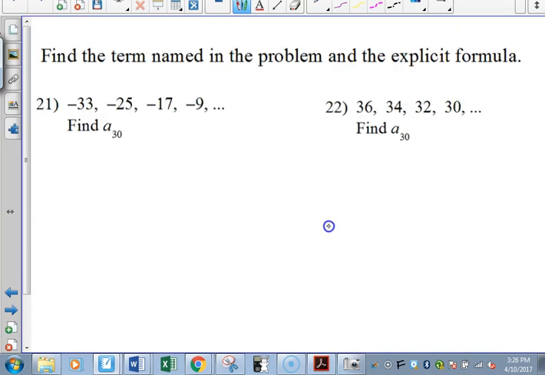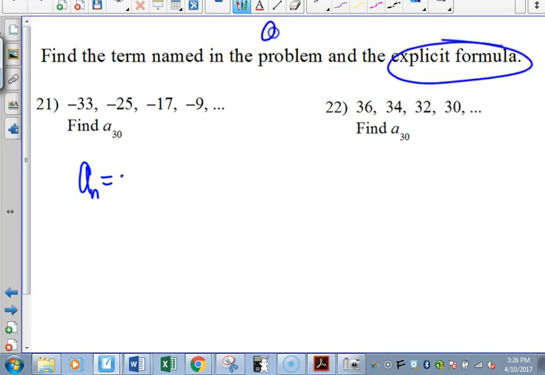Okay. This one says, I'm getting to some trickier stuff here, so I hope you're following. Find the term named in the problem in the explicit formula. How do I write the explicit formula first? Nope, that's recursive. I need the first term. Okay, explicit.